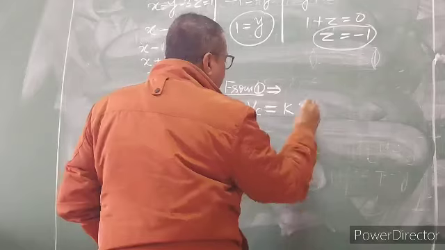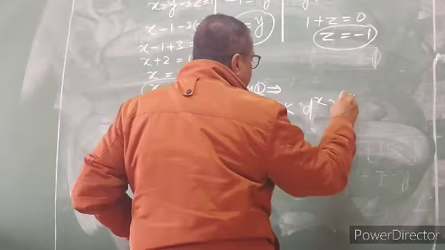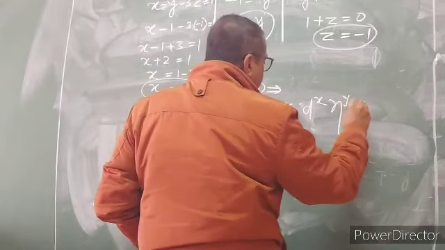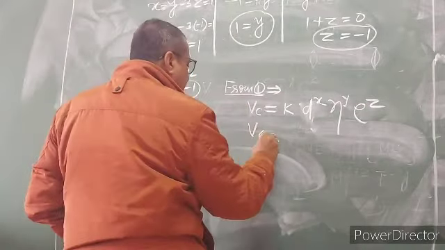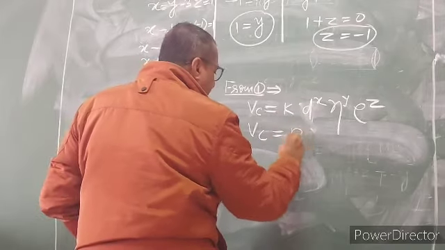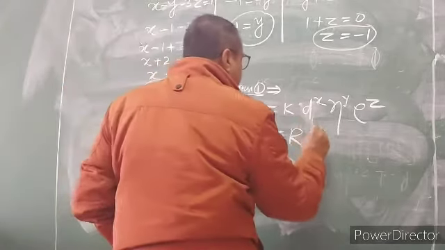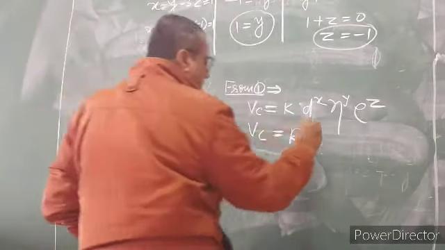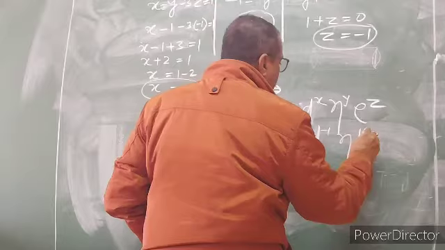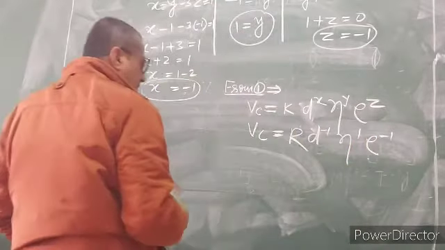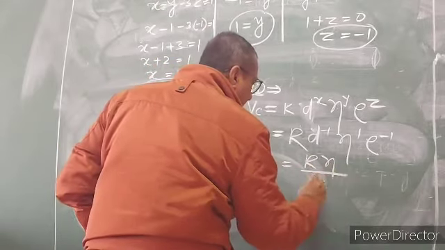First was diameter x, eta that was y, and after that density z. So we write here Vc equal to, in place of k we write r, because it is given by the scientist Reynolds, and d, that is x is minus 1, eta y, that is 1, and rho z, that is minus 1. So Vc equals r eta divided by d rho.